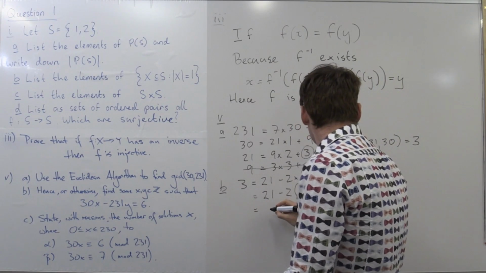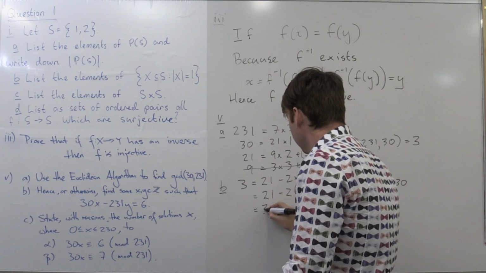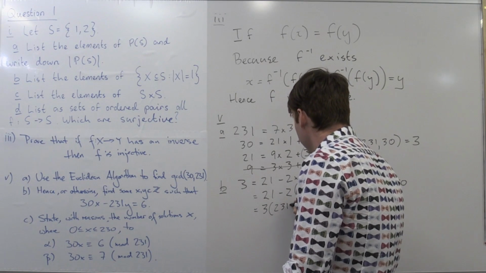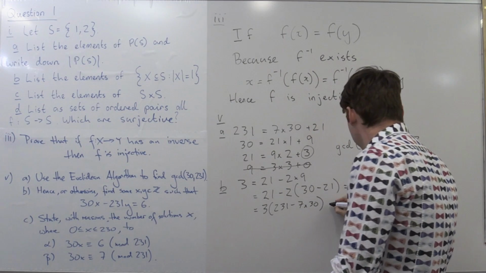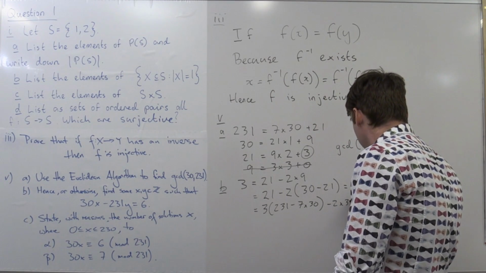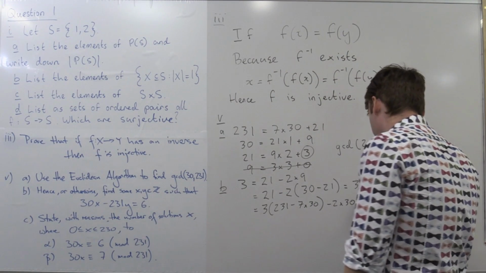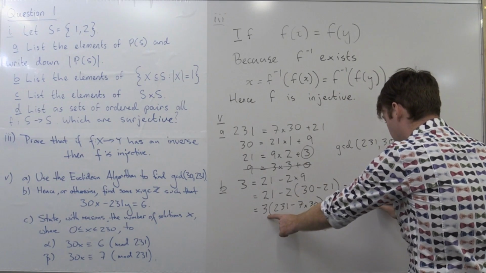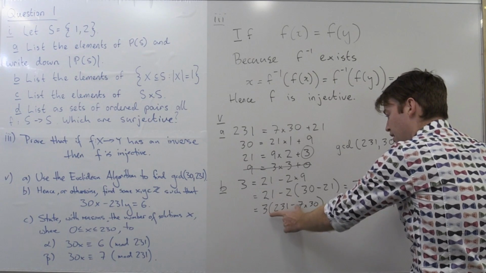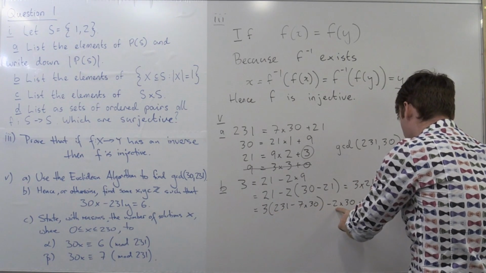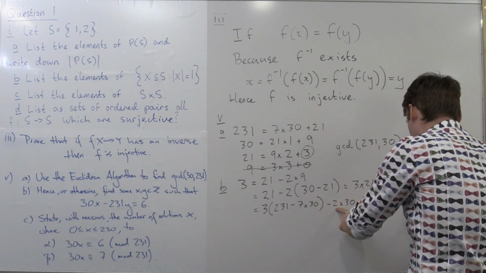And I get this is equal to 3 times 231 minus 7 times 30 minus 2 times 30, which is equal to 3 times 231, and negative 21 minus 2, which is negative 23 times 30.